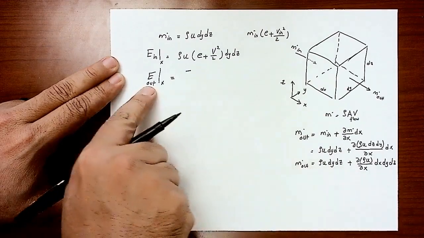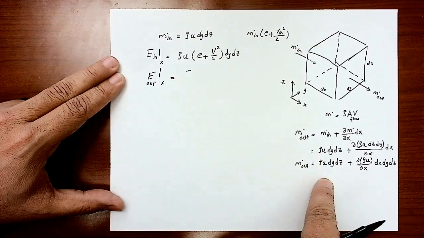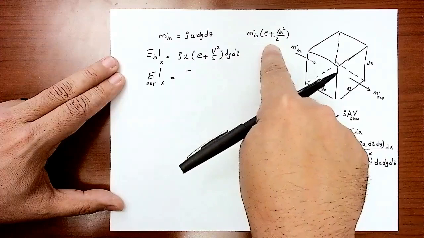So if I want to get the energy out of this mass flow rate out, I'm going to multiply that by the same content of the energy, which is the internal energy and the kinetic energy.